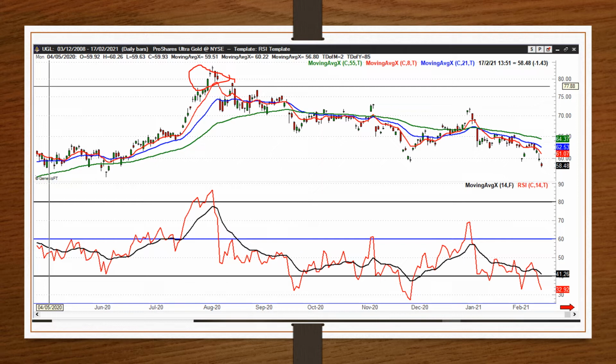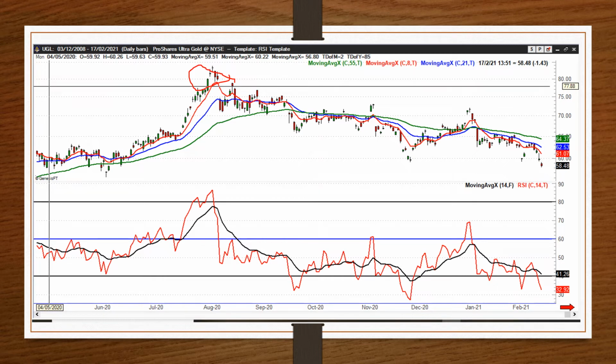Now, if this symbol is in a bull market, the RSI, the red line in the bottom pane, bounces between the bottom black line, which is 40, and the upper black line, which is 80. If it's in a bear market, meaning that it's weak or going down, it bounces between the 60 and the 20, which, like I said, you can barely make out. It's right at the bottom of the chart.